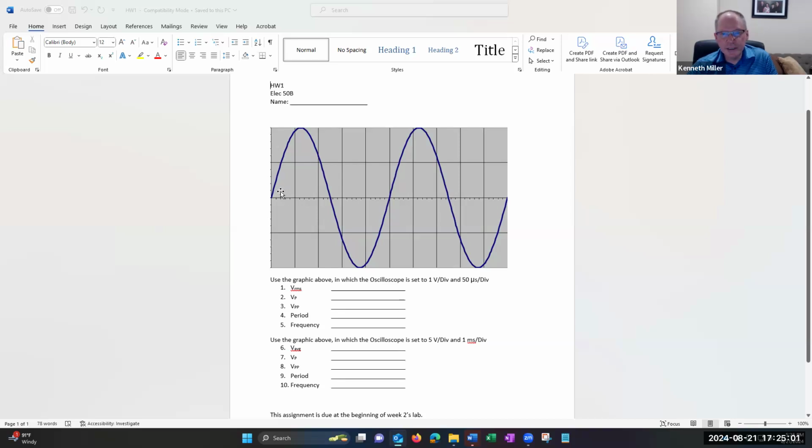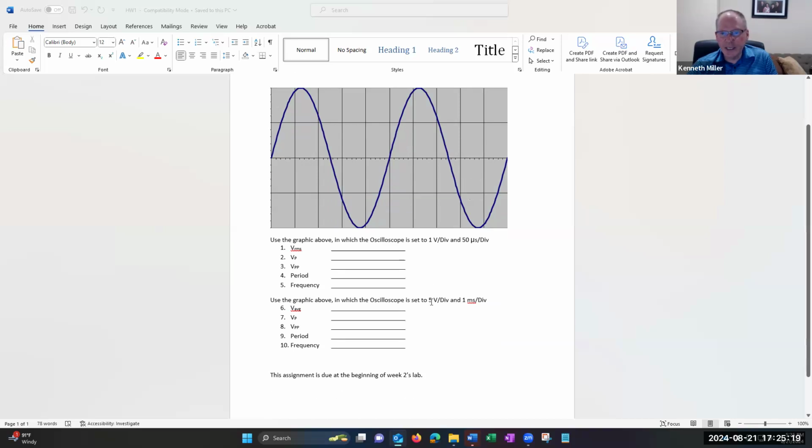So the period would be 50, 100, 150, 200, 250 microseconds. What would be the frequency? It would be 1 over the period.